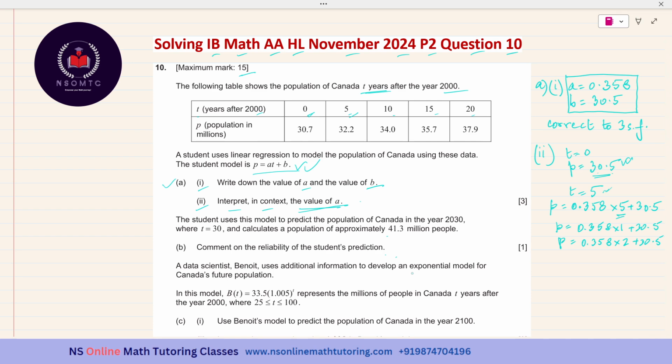After 1 year, 0.358 million is getting added. After 2 years, again another 0.358 is getting added because 0.358 is getting multiplied with 2. So you are seeing that every single year, this 0.358 million is getting added to the population. So this is the interpretation of the value of A.